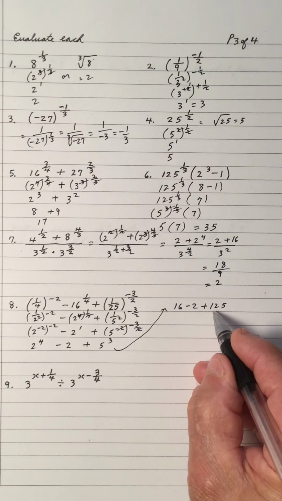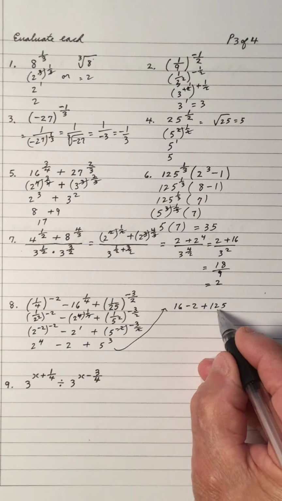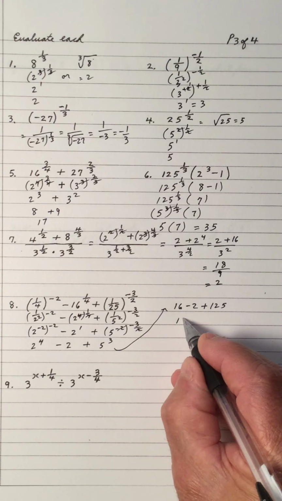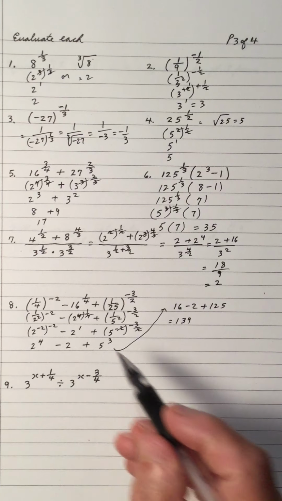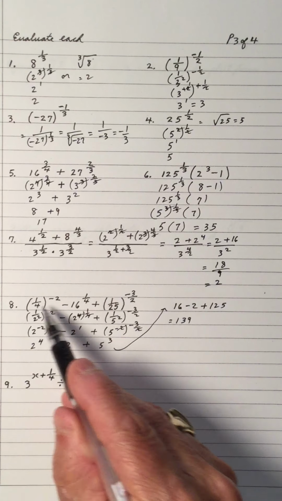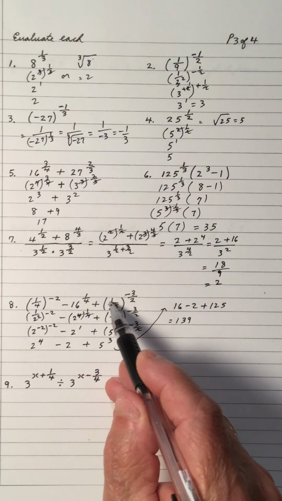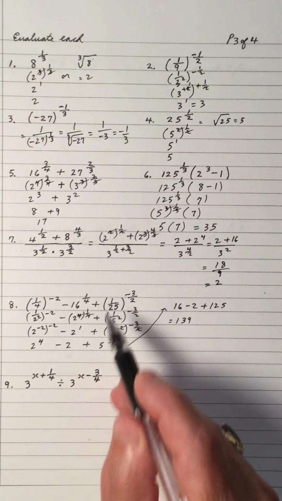So 14 plus 125 is 139. It simplifies too. So notice I simplified the brackets here. I simplified to 16 and 1/25 before I worked on the powers.